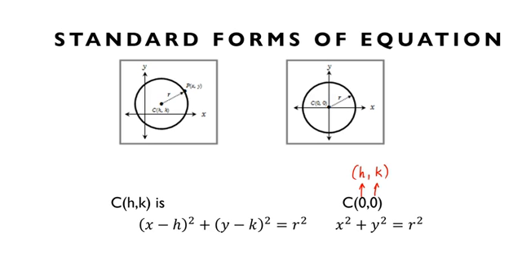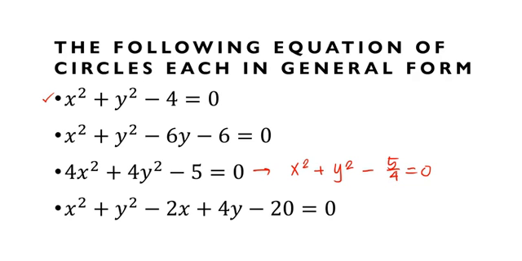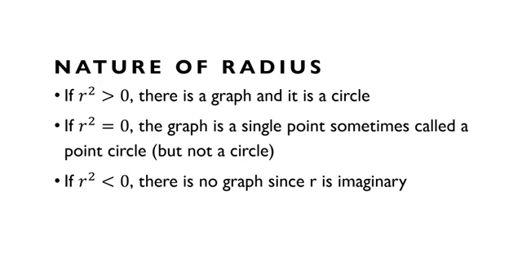So what's left on the right side of the equation is just r squared. If r squared, looking at the nature of the roots, is greater than 0, that means there is a graph and it is a circle. Whereas if r squared is equal to 0, yes, there is a graph. However, you will just get a point. Sometimes it's called a point circle, but it's not a circle because it doesn't have a radius.